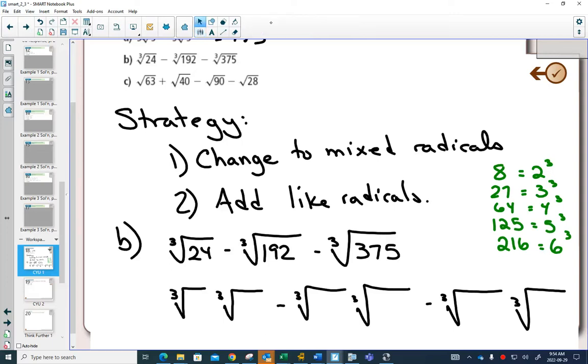So in order to write something as a mixed radical, we have to know, in this case, what our cubes are, and then be able to break down these numbers.